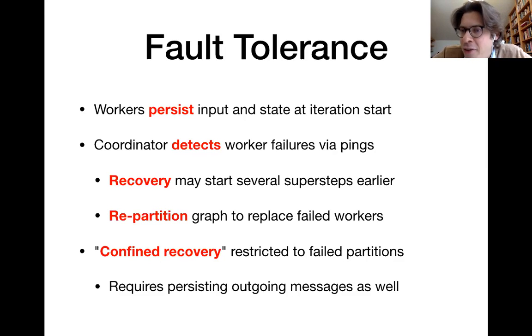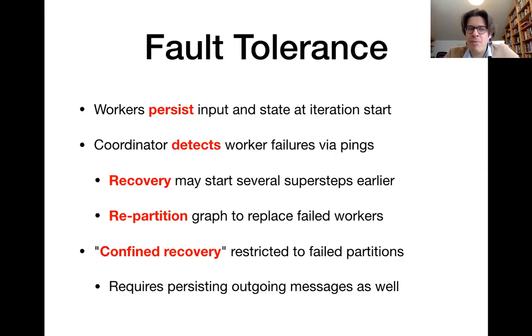And if failed workers are detected, then we start a recovery, which means that we might have to rewind a couple of supersteps, and we repartition the partitions of the graph that had been assigned to those failed workers. So here we have to redo perhaps a couple of iterations depending on what checkpoints are available.